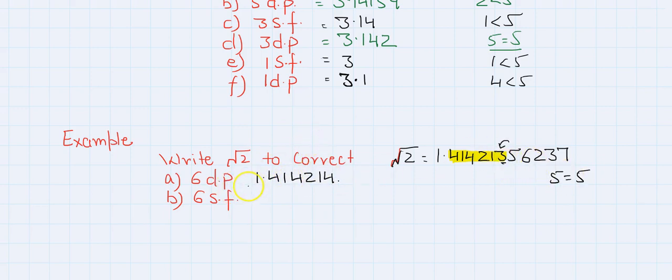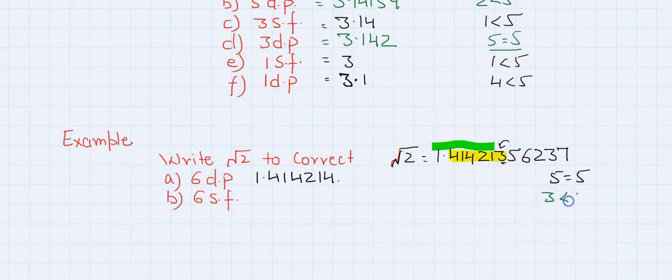Now 6 significant figures. Significant figures start with a non-zero number. So this is 1, 2, 3, 4, 5, 6. And after 6, there is 3.